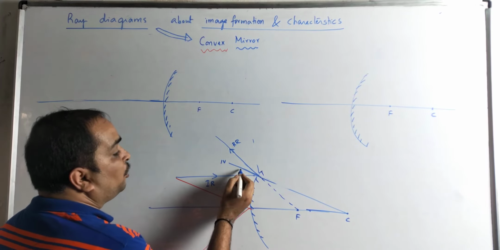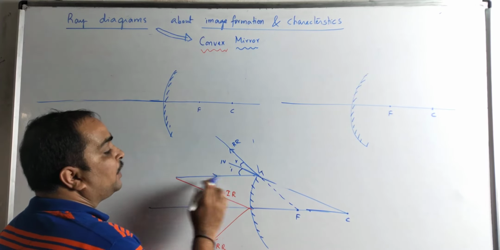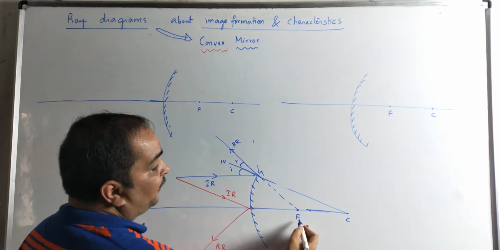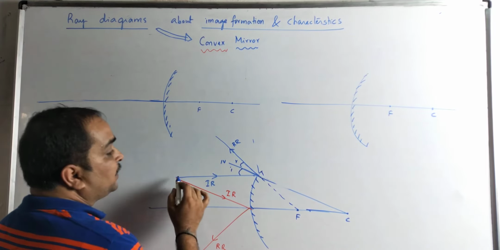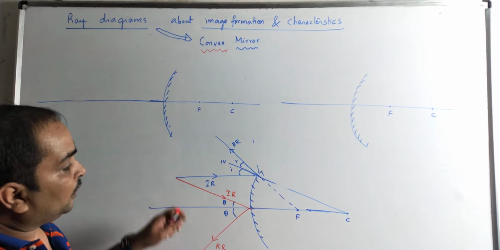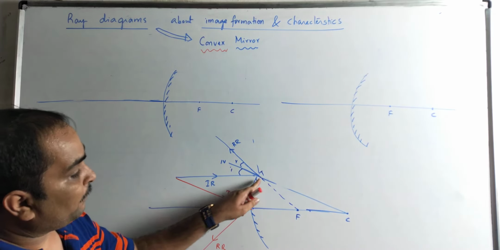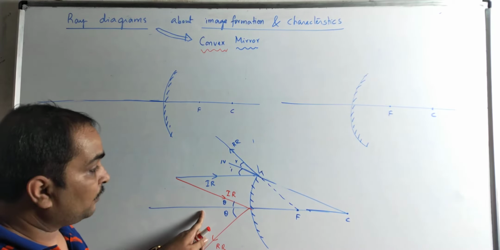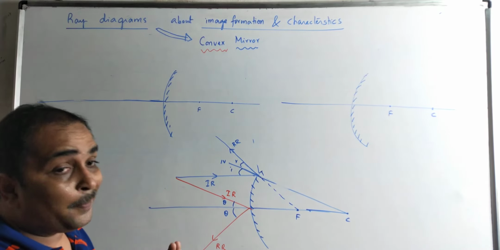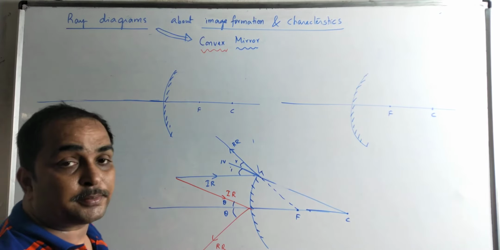So if you use the rule, angle I is equal to angle R, the rays falling here go like this. It will not go the other side. So the reflected ray, if you extend it, is passing through a point that we call the focus. The incident ray, the reflected ray. One more thing, the same rule: the incident ray which is parallel to the principal axis, after reflection from a convex mirror, doesn't pass through the focus, but appears to pass through the focus.